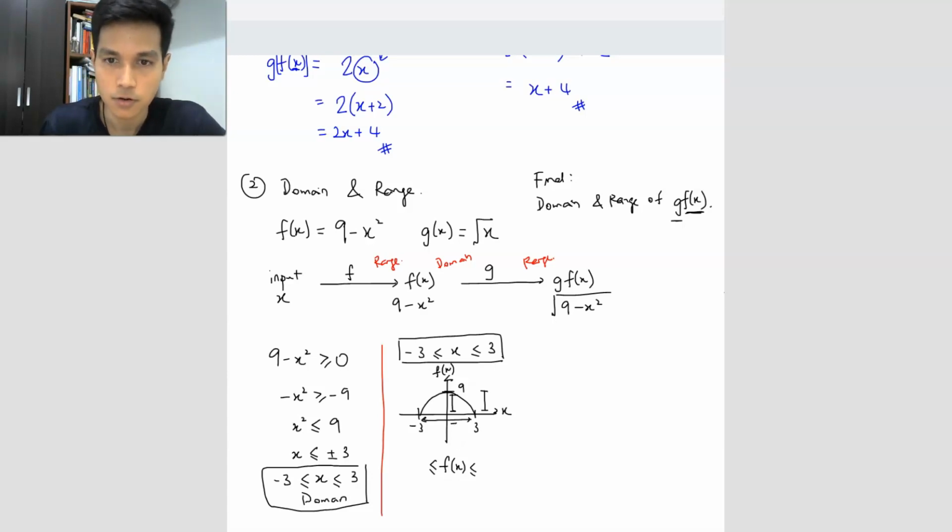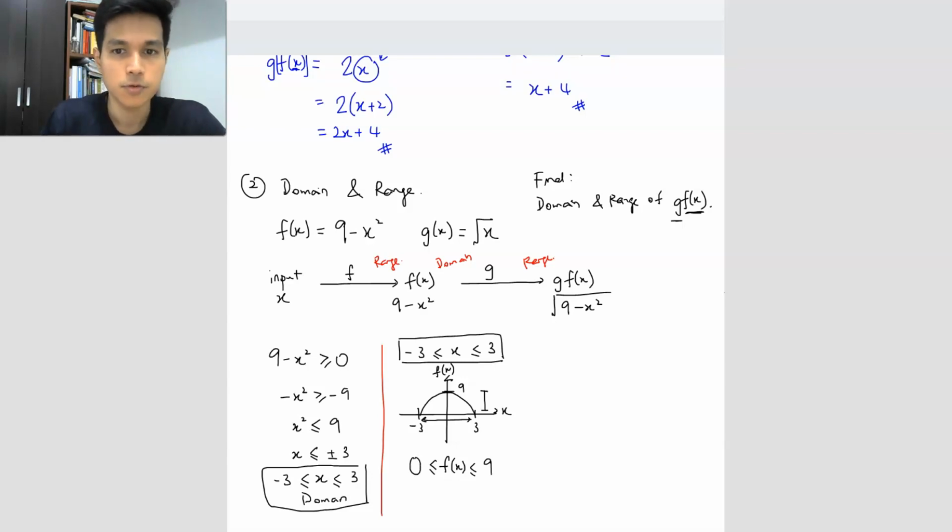There is no graph at the bottom, and no graph beyond 9, correct? So it's only from 0 to 9. That is the range of f(x), 0 to 9.